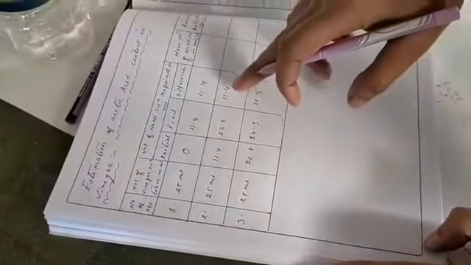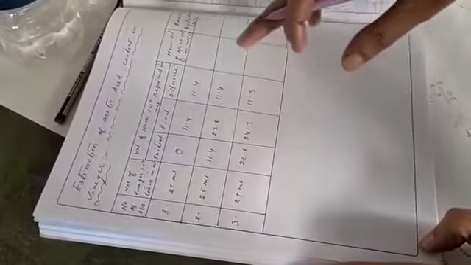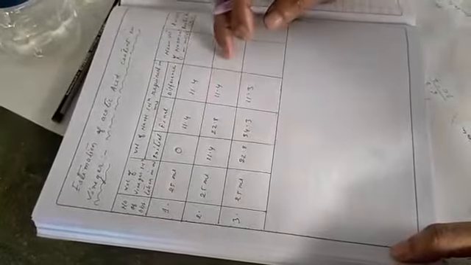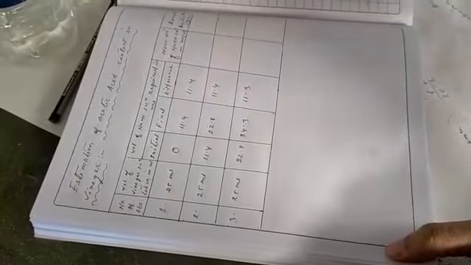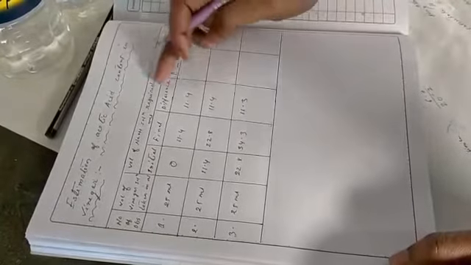Now, the other 2 readings are 11.4 and 11.3. Considering these 3 observations, you have to calculate the concordance value and consider it as the mean volume of NaOH.